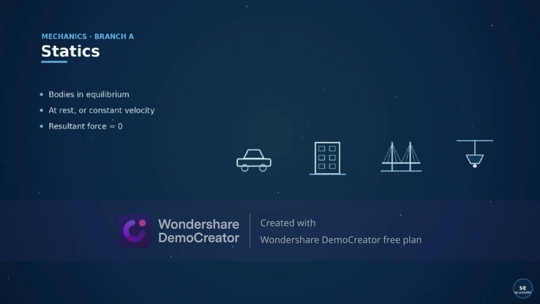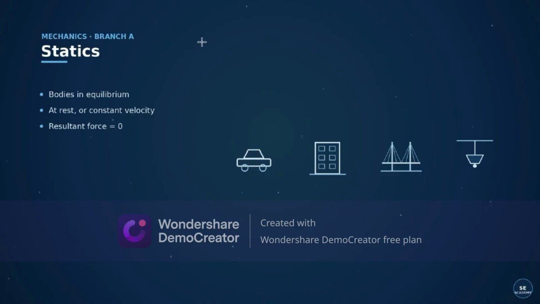Even other engineering disciplines like mechanical engineering can be a structural engineer. For you to design a bridge, you need to design it in a way that the resultant forces there are going to be 0, so that the bridge is not moving, doesn't break and stuff. So it's all about statics. That is the first branch of mechanics.